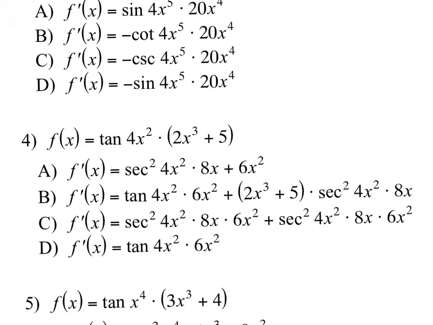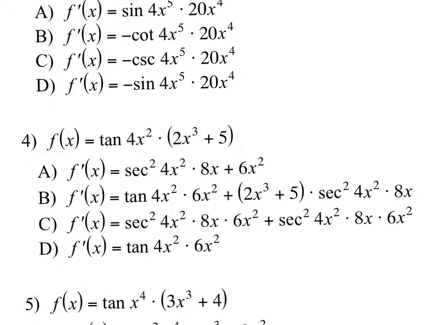For number 4, here we got a product rule, things being multiplied together, and we also have a chain within the first part of the product.